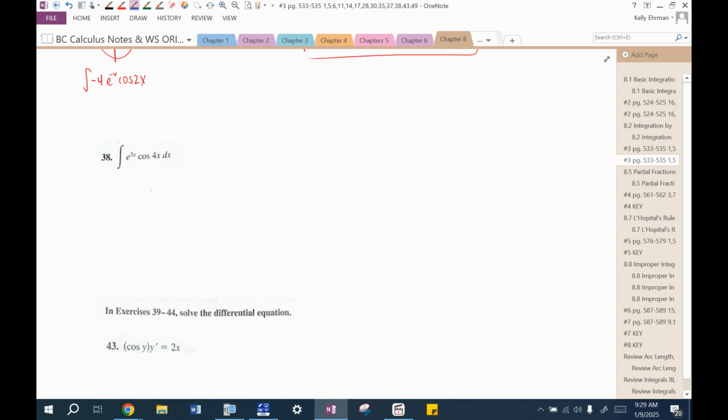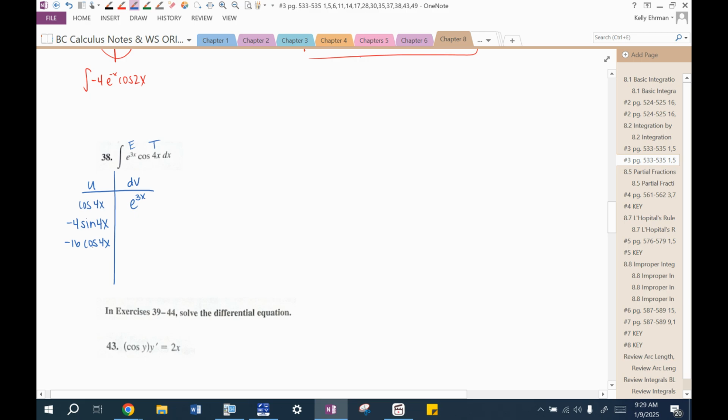All right, 38. We have, again, an exponential and a trig. So let's let u equal cosine of 4x, and dv will equal e to the 3x. So I'm going to do the derivative of cosine 4x is -4 sine 4x. The derivative of that is -16 cosine 4x.